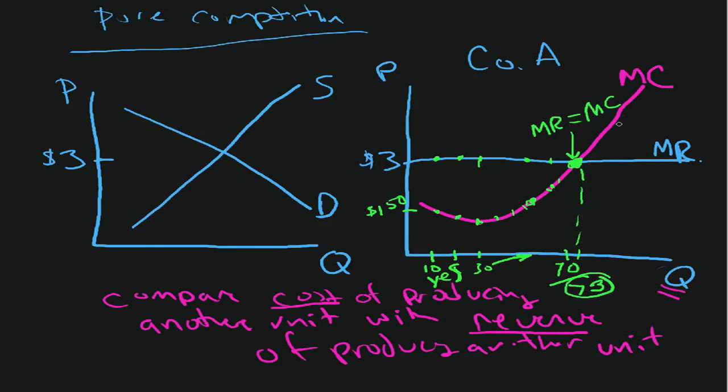Because if they go forward out in here, the cost is greater than the revenue. Should they do that? The answer out here is no way. If they produce way out here, they're losing money. If they produce back in here, they're making money. So this is how a company decides how much stuff to make, what quantity to produce.